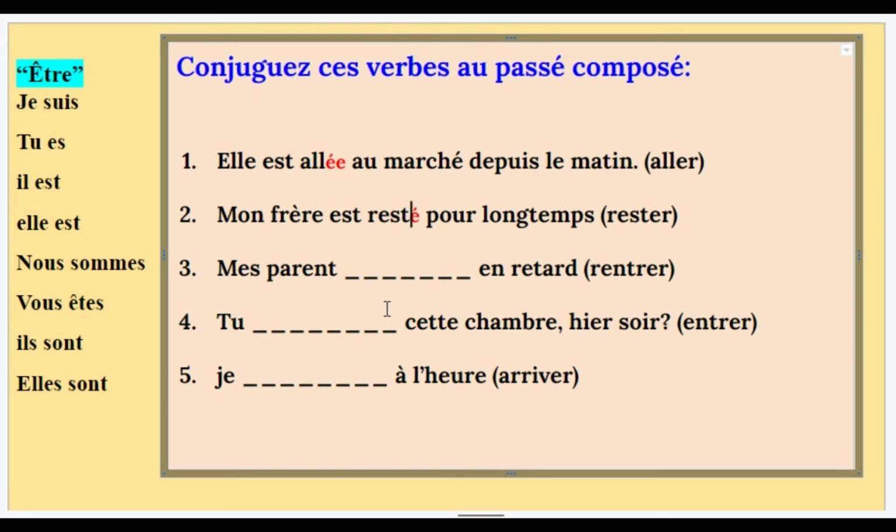Okay. Now the next one, the third one, mes parents dash en retard. We have the verb rentrer to be conjugated. The sentence wants to say my parents came back late. Mes parents is going to go with the verb sont.